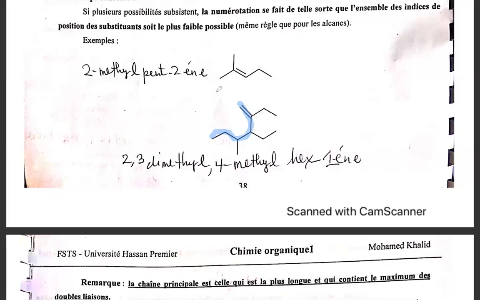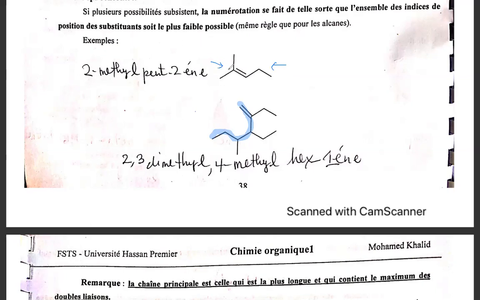What I mean when you start counting from the double bond is, which one has the lowest index possible? Is it the one that comes from this side or the one that comes from the other side? Let me just show the diagrammatic representation. There is this direction we have here, and there is this other direction we have here.